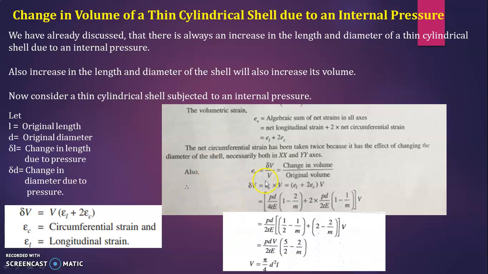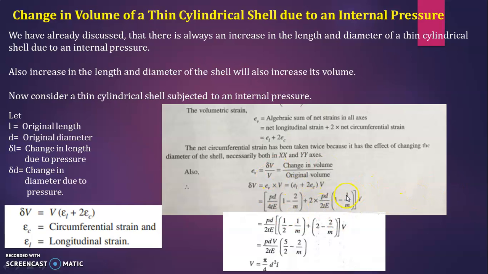In the case of volume, strain is equal to change in the volume divided by the original volume. We want the change in the volume, so change in the volume is equal to EV into V, strain into volume.